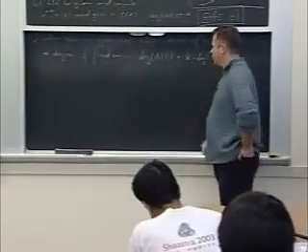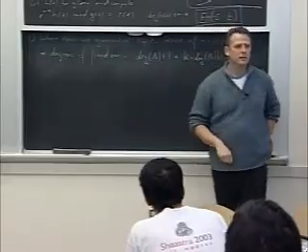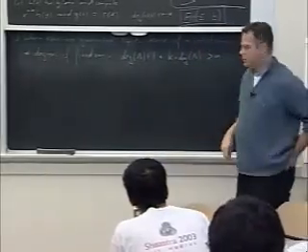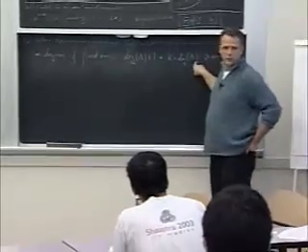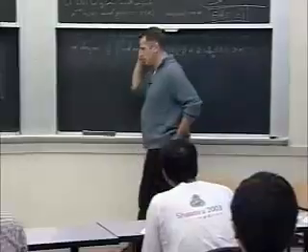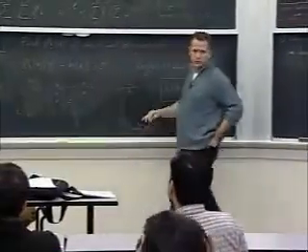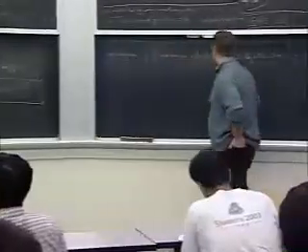So this is the total number of degrees of freedom. If this is greater than n, then we can guarantee the existence of a non-trivial solution. It's a homogeneous system of equations, so 0 is always a solution, but that's not much good to us.